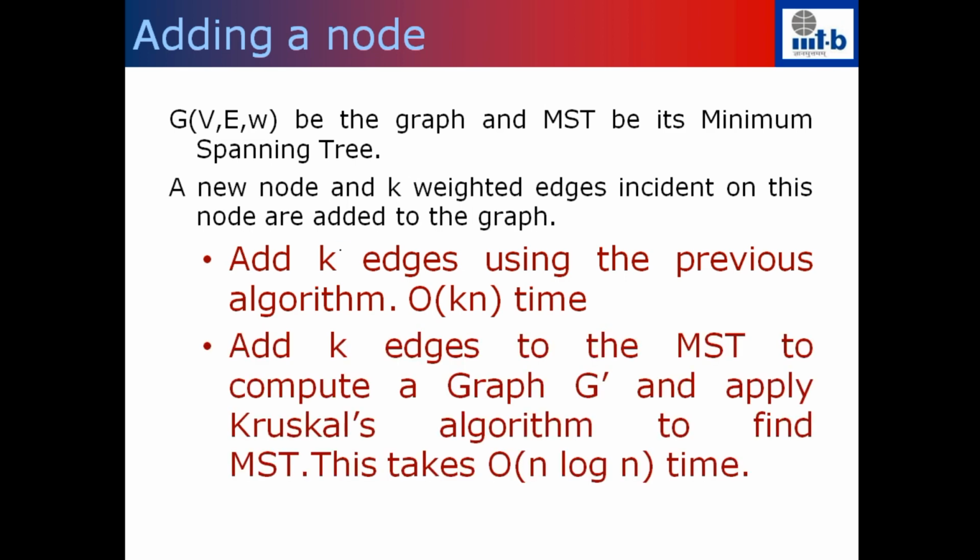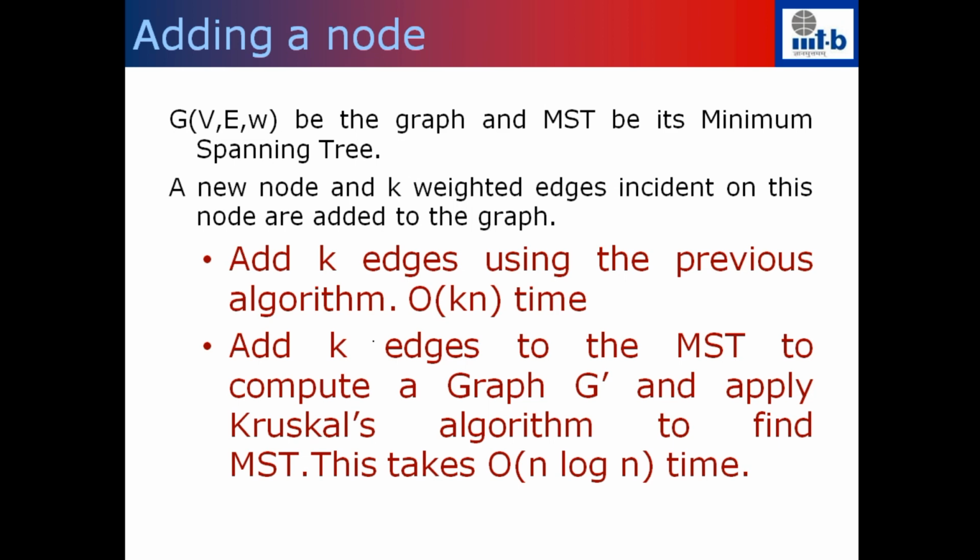The other alternative is this: the edges which are not part of the MST in the original graph cannot come back into the new MST. So the only candidates for the new MST are the edges in the older MST and the k edges that I have added. Remember that since I am not allowed to add duplicate edges, k is always smaller than n.